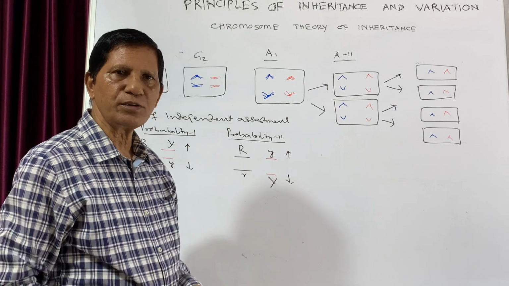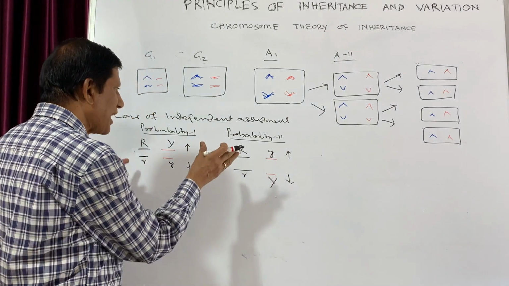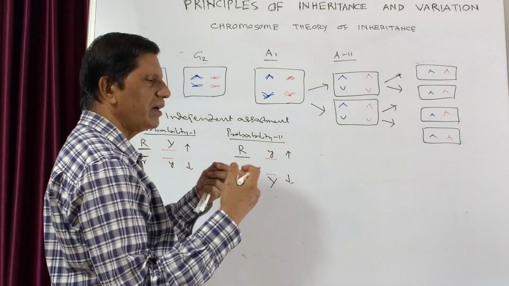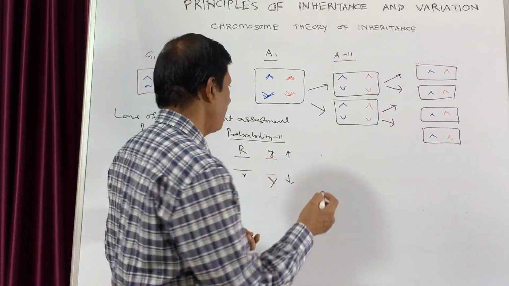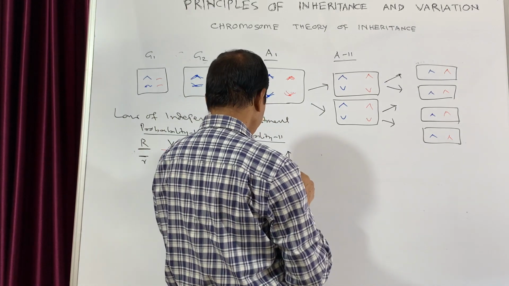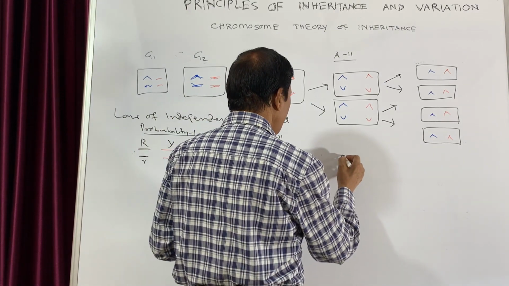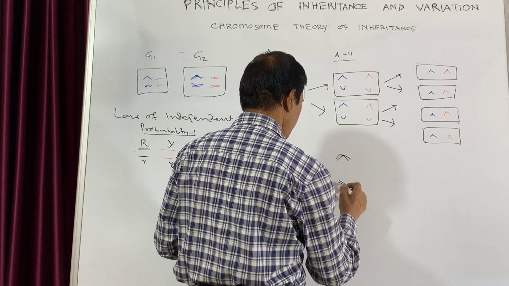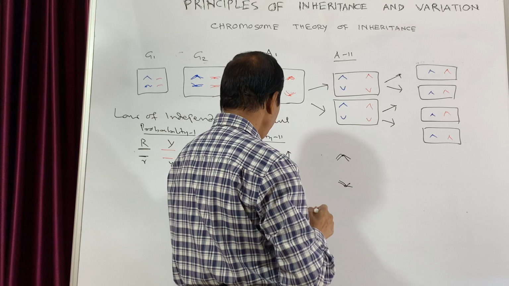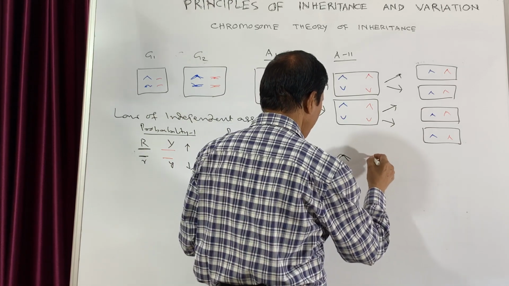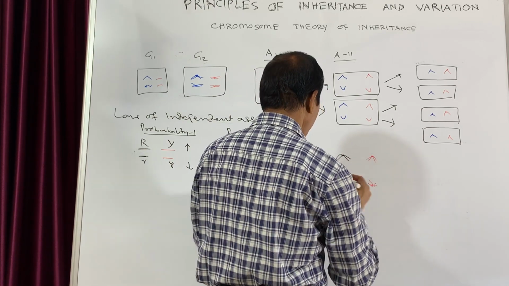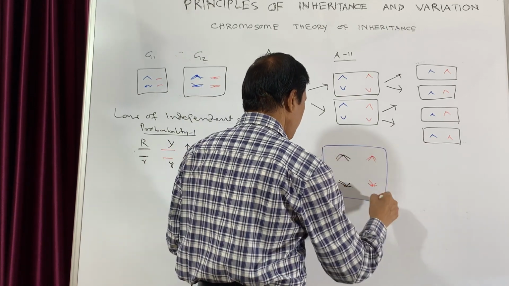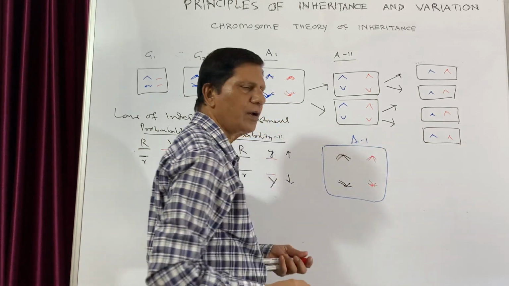This is independent assortment. So if this is the arrangement at metaphase stage, then naturally in anaphase, what will happen? Now this is anaphase 1 of meiosis 1.